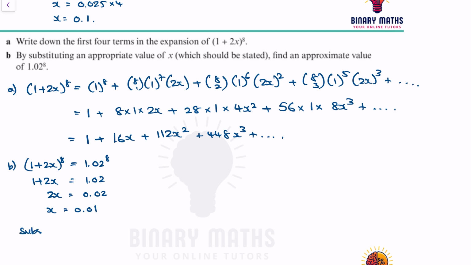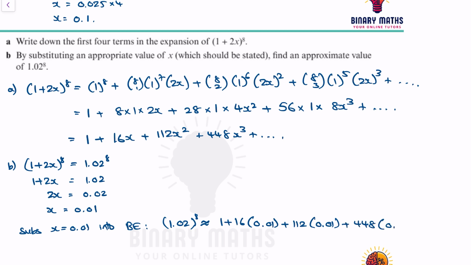So substitute x equals 0.01 into the binomial expansion, which means I get 1.02^8 is roughly equal to 1 plus 16 times 0.01 plus 112 times 0.01 squared plus 448 times 0.01 cubed. Sorry, I forgot the square and cube there.